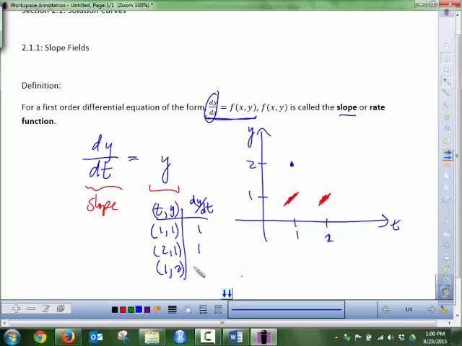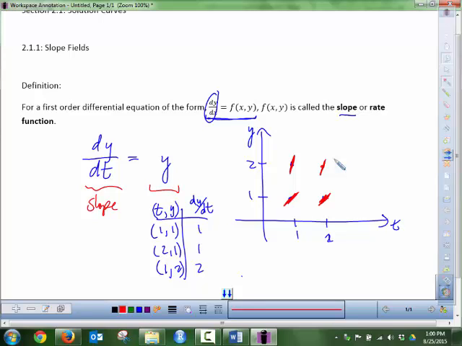What's the slope? 2. So now I'm going to go up here and draw a slope that's a little bit steeper than the first one. It's probably going to be the same deal over here. So you get the picture?